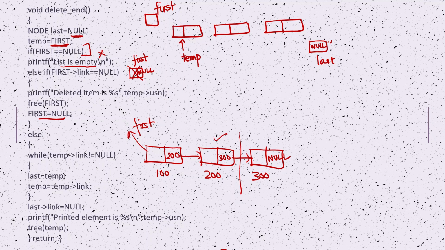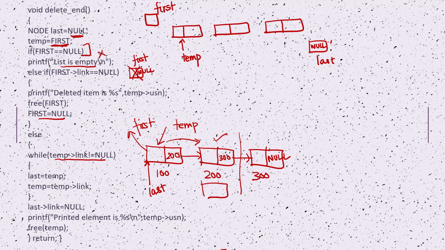So we are talking about this one. So temp is not equal to null. Okay. We are taking this itself as the last. Okay. Temp is equal to last. So temp is here, right? Temp is also here. Then wherever temp of link is pointing to, that will make it as a new temp.